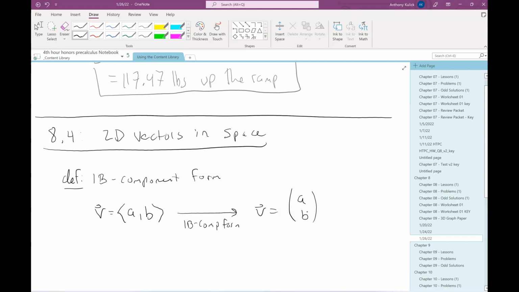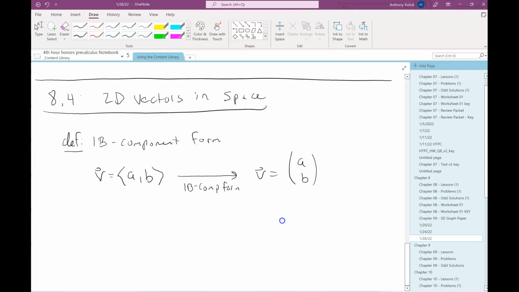It's like a 2x1 matrix. That's 2 rows and 1 column. But we're going to use parentheses as opposed to brackets. You might see this referred to as a column vector or a column matrix. But that's an easy switch to make, right? There's nothing to that one.